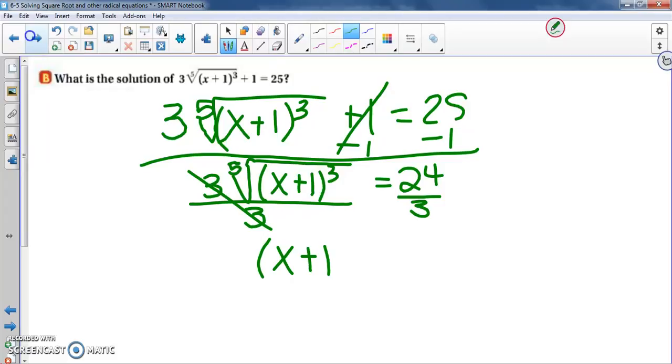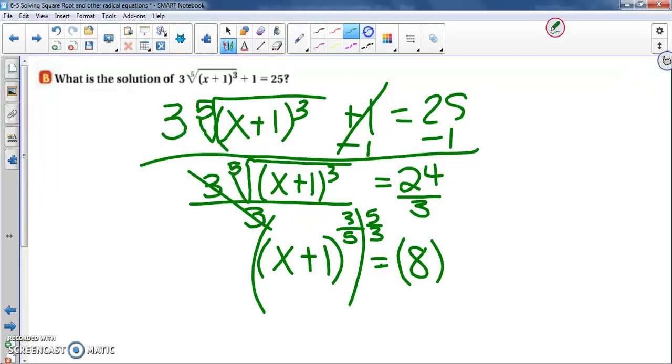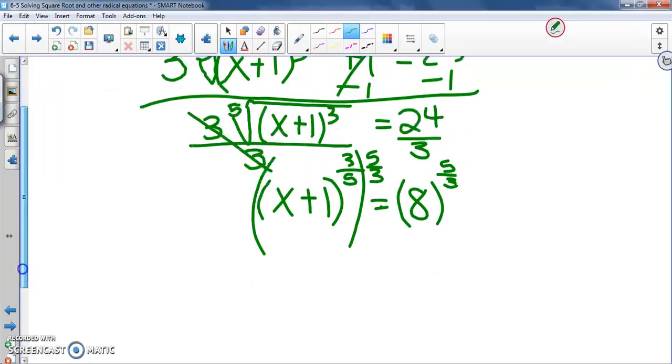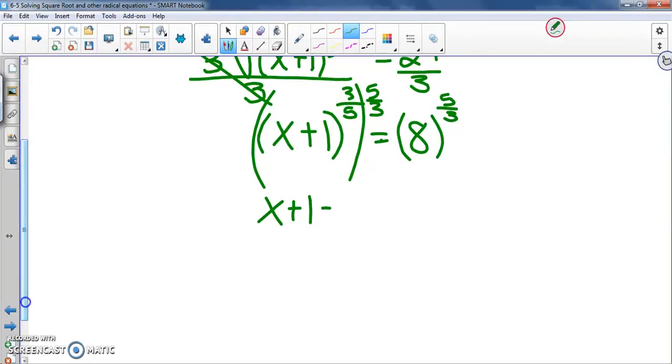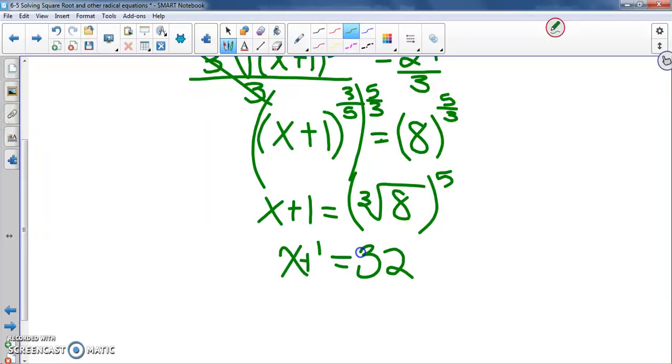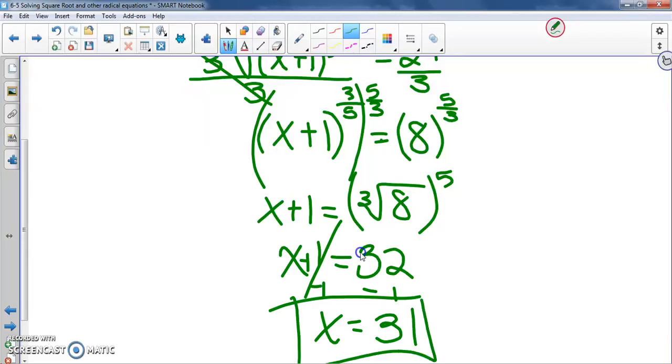So I have x plus 1 to the power over index is equal to 8. And I'm going to raise both sides to the 5/3 power, leaving me with x plus 1 is equal to the cube root of 8 to the 5th power, which is 2 to the 5th power. 2 to the 5th power is 32, is equal to x plus 1. Subtract 1 from both sides, and x is equal to 31.